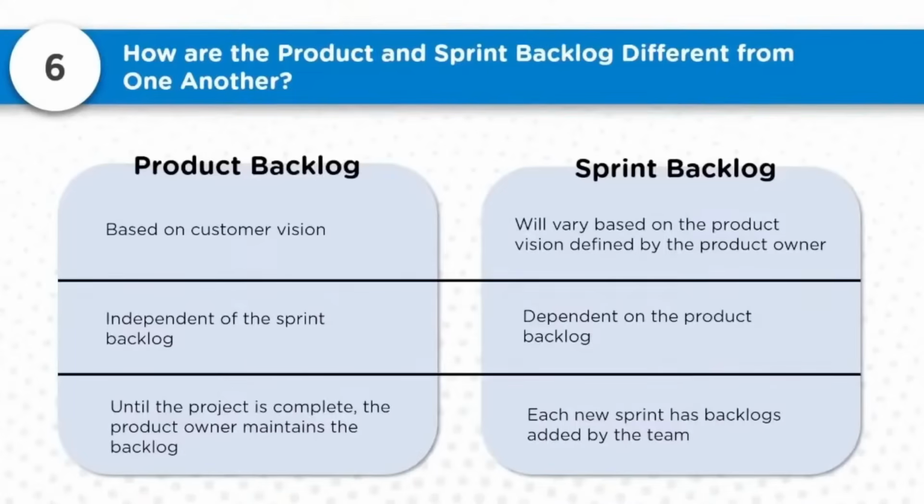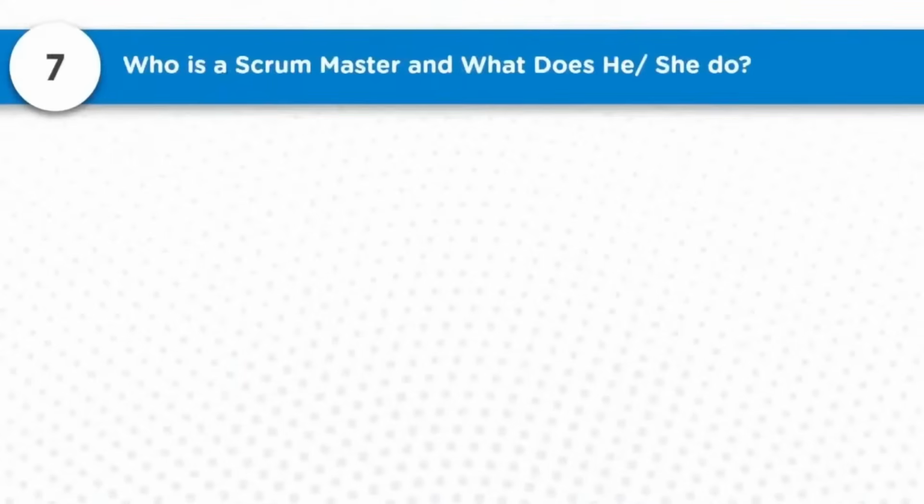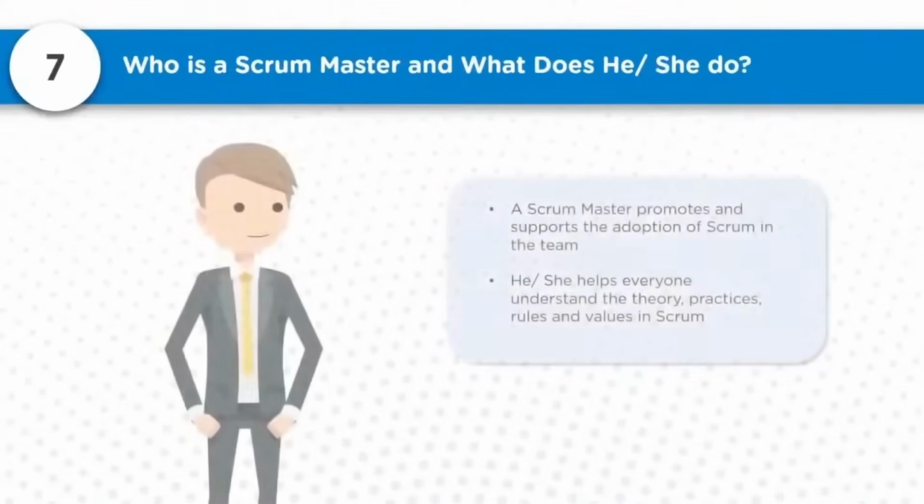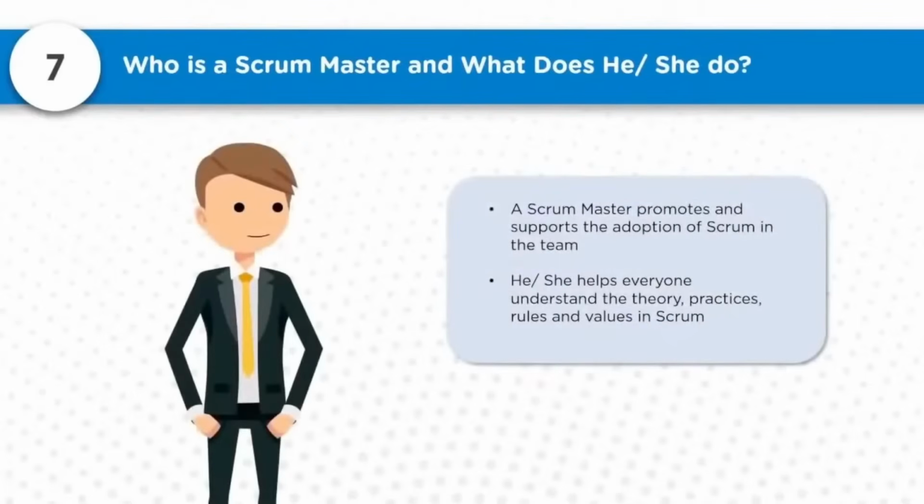The product backlog is maintained by the product owner until the project is complete. Whereas for the sprint backlog, with each new sprint, backlog items are added by the team as each sprint is initiated. So next question, who is the Scrum Master and what does he or she do? A Scrum Master promotes and supports the adoption of Scrum in the team.